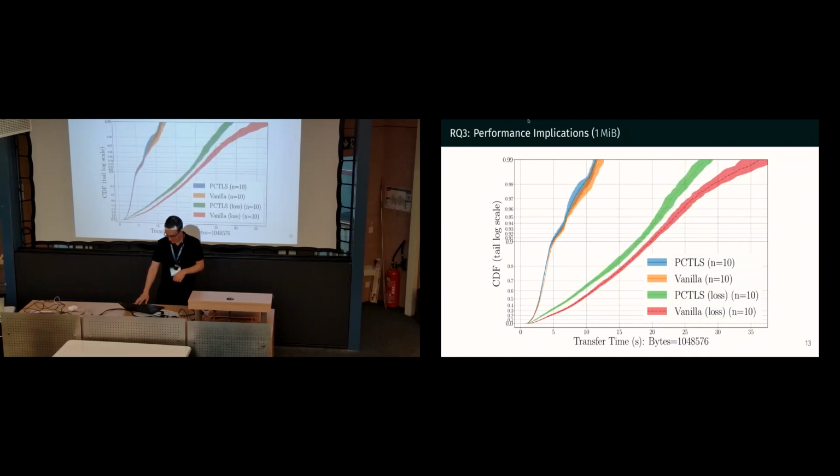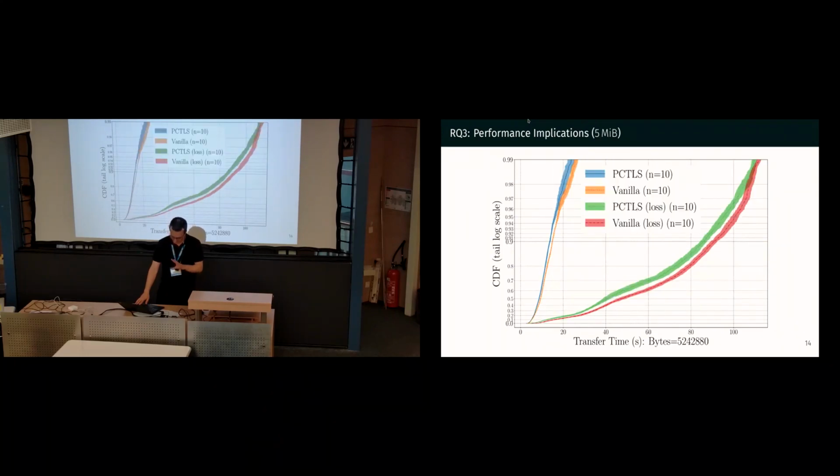We also measured this for 1 megabyte and for 5 megabytes, and it's basically the same. But keep in mind that here we simulated a 25% network in Shadow, not 100%. So in the real network, the performance gain is not that huge.